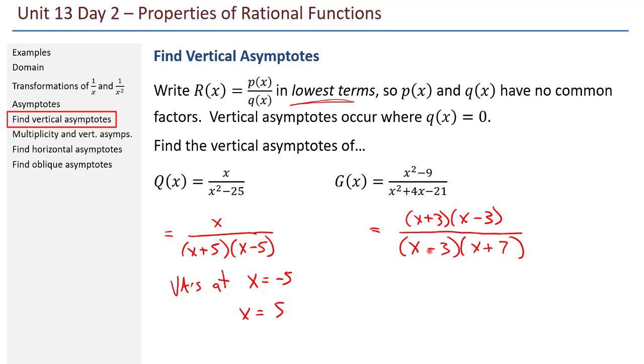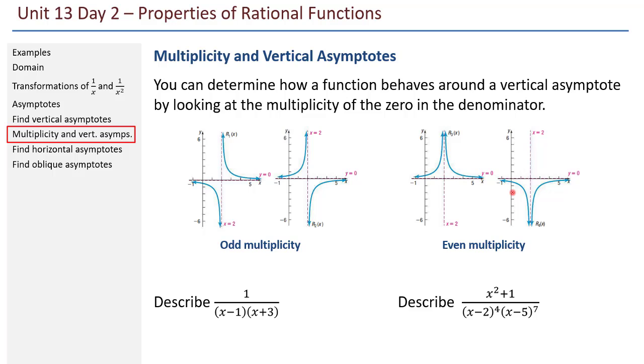In fact, since the same factor appears on the bottom and the top, there's just a little hole in the graph. But anyway, I cancel those out, and now what remains, this x plus 7, that tells me where there's a vertical asymptote. So it looks like there's a vertical asymptote at x equals -7. There you go, and that's how you figure out where your vertical asymptotes occur.